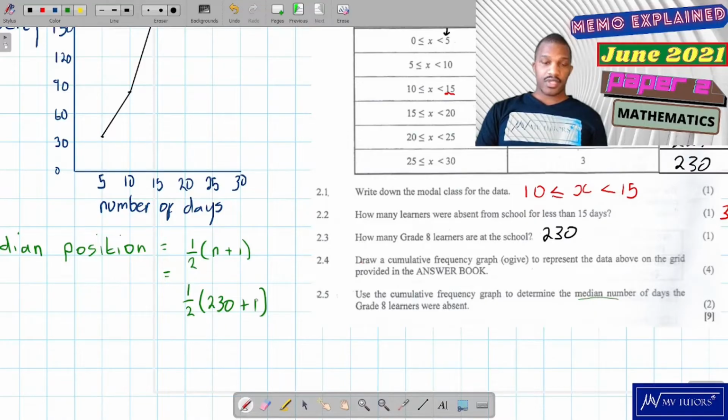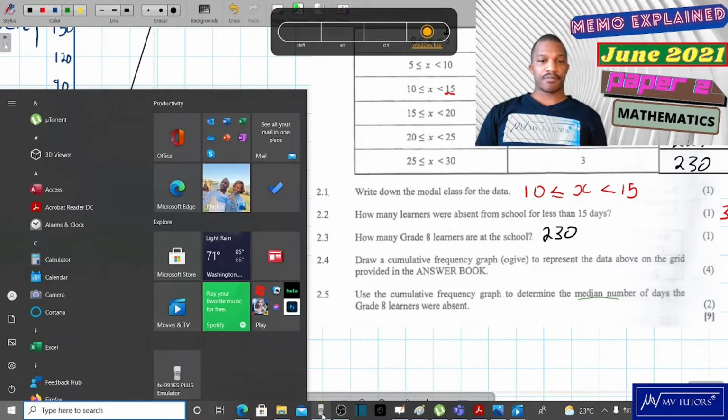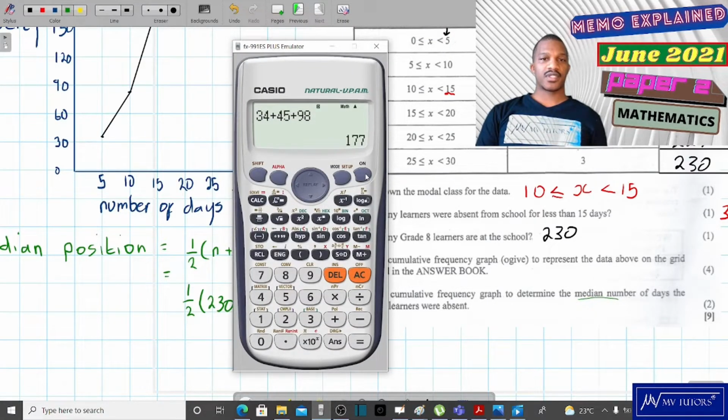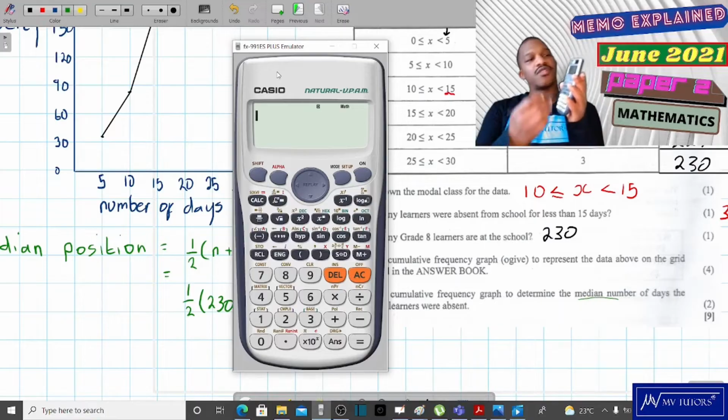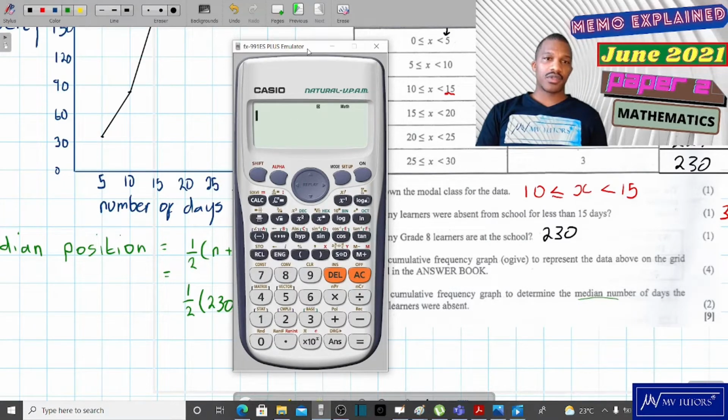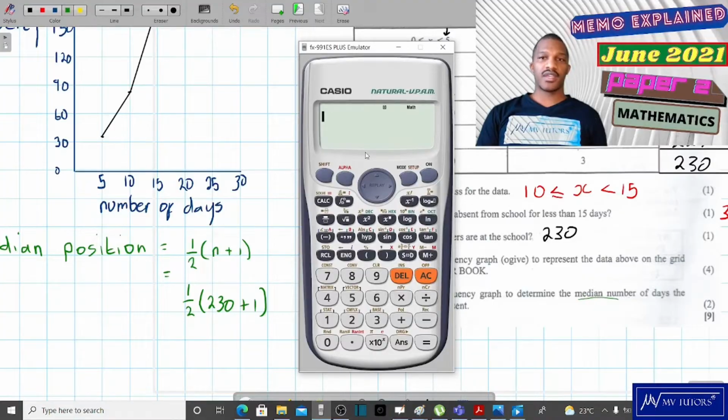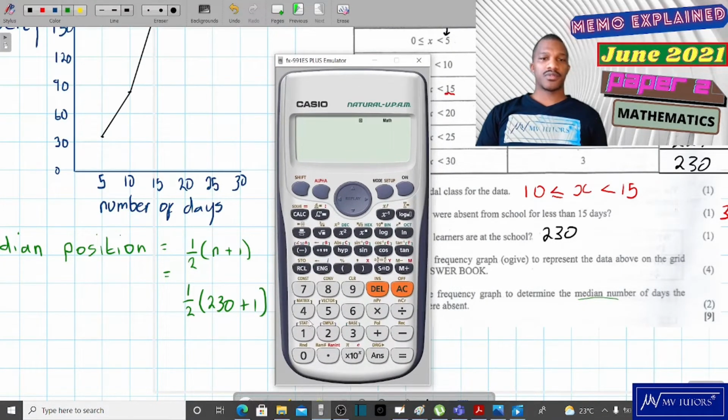All right, we can use the digital calculator. It's the same calculator, as you can see, very same. The only difference is that this one has got a screen over there, but really it's the same thing. So we're gonna put a half, exactly as it is.